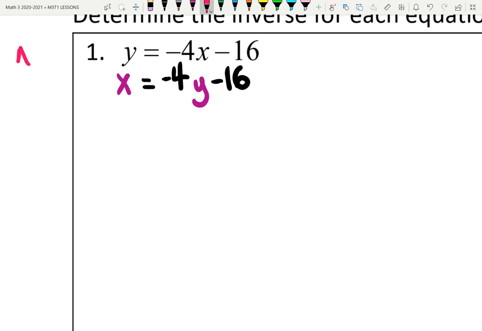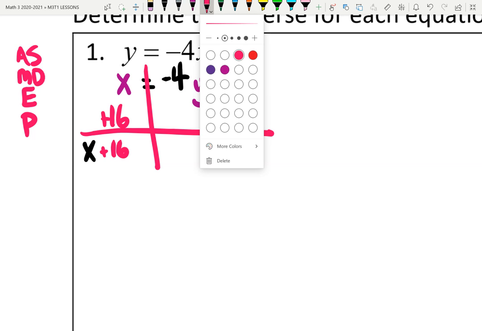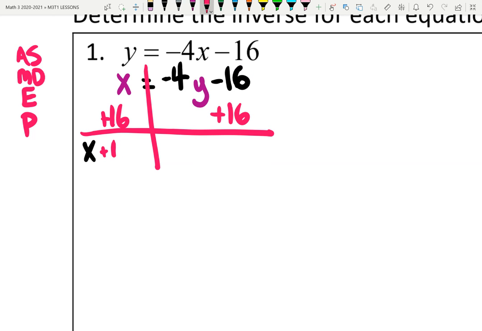You want to add, subtract, multiply, divide, then do exponents, then do parentheses. So I'm going to add 16 to both sides. It is going to result in x plus 16, and then it's going to be equal to negative 4y. The 16 and the negative 16 cancel out.